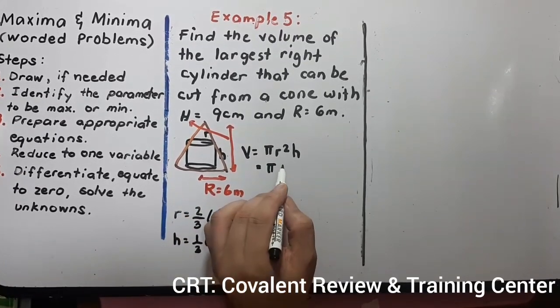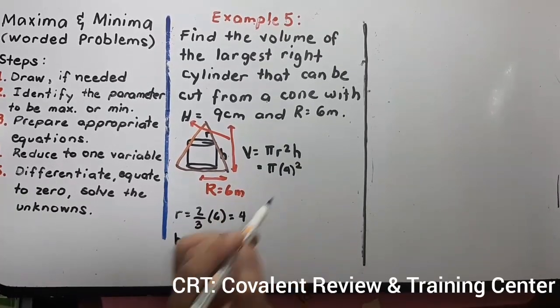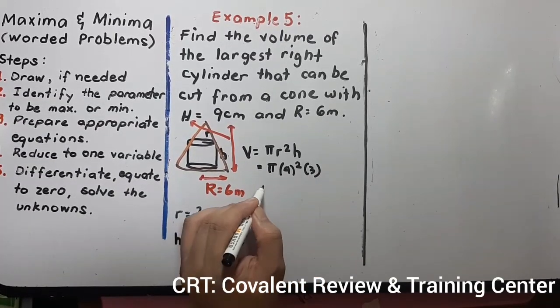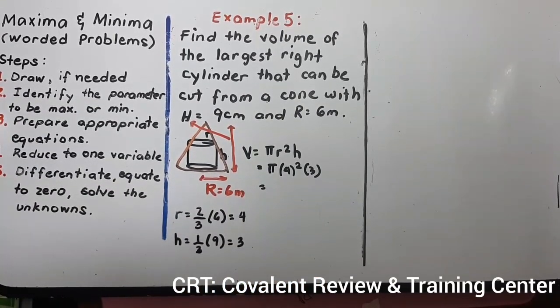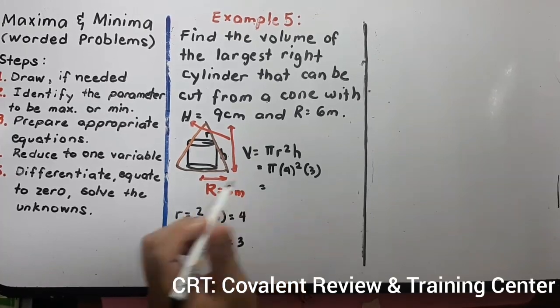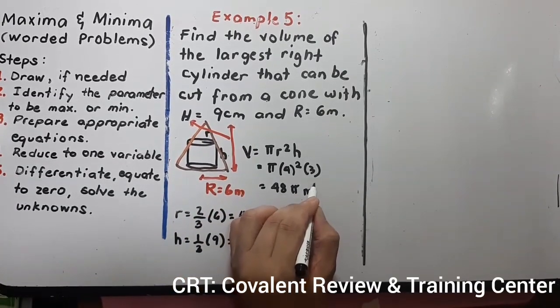So this is pi times radius squared, and this is 4 squared. Then h is 3. Therefore, the volume of the cylinder is 16 times 3, which is 48 pi cubic meters.